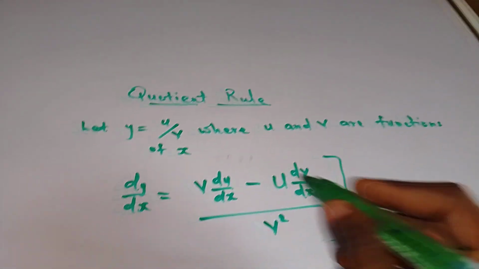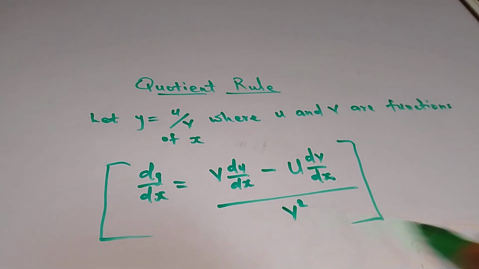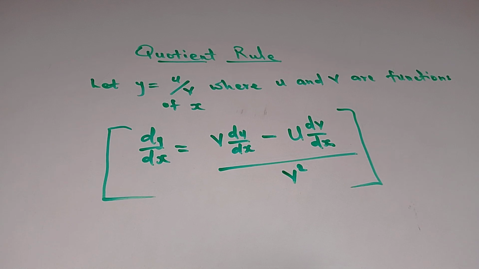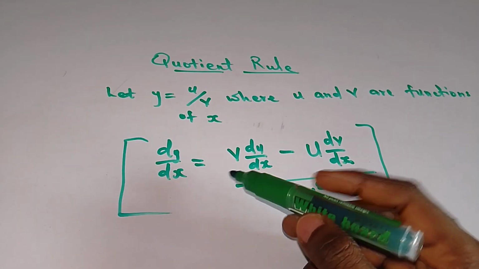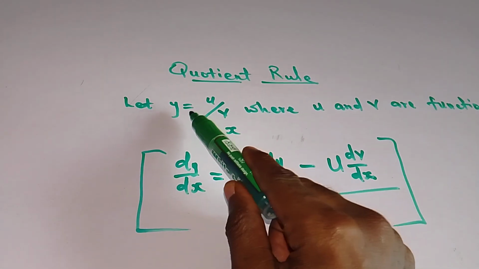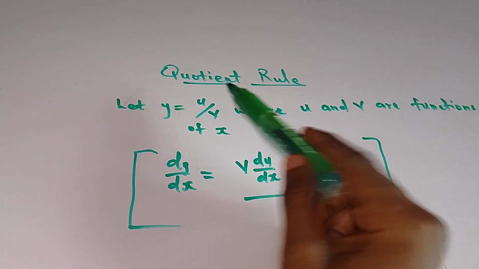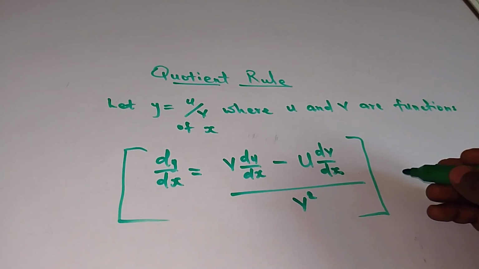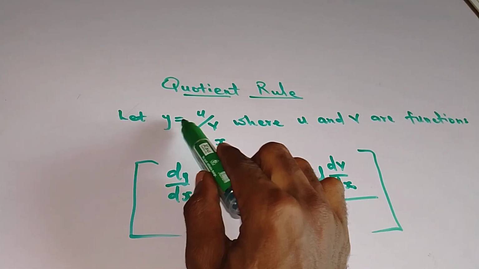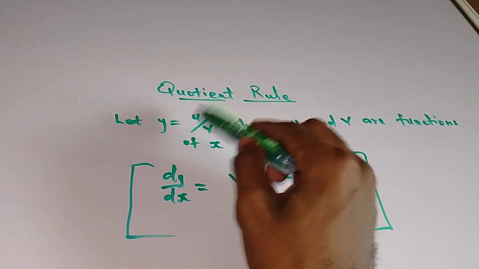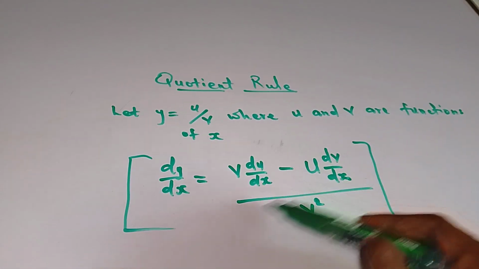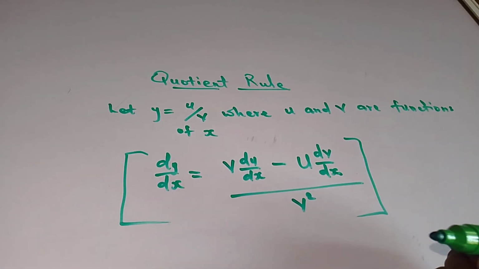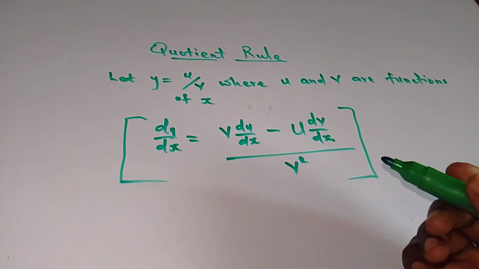So you need to get this to your heart. Get this to your heart that anytime you are having a function that has to do with a quotient, meaning division, so if we are having y equal to u all over v, that is division, you are going to apply the quotient rule to solve such a function.